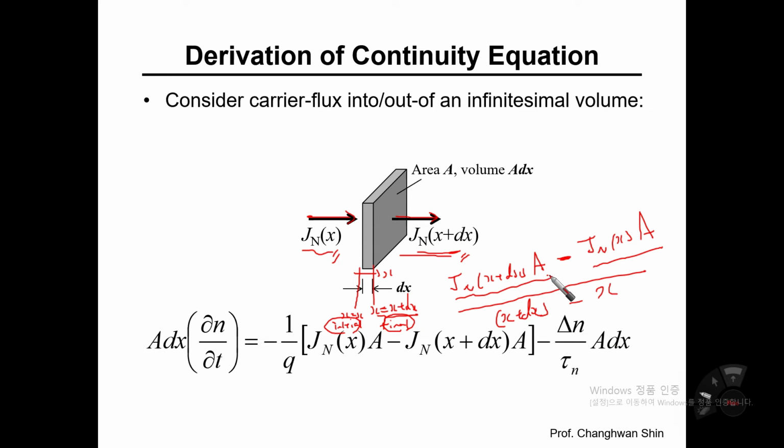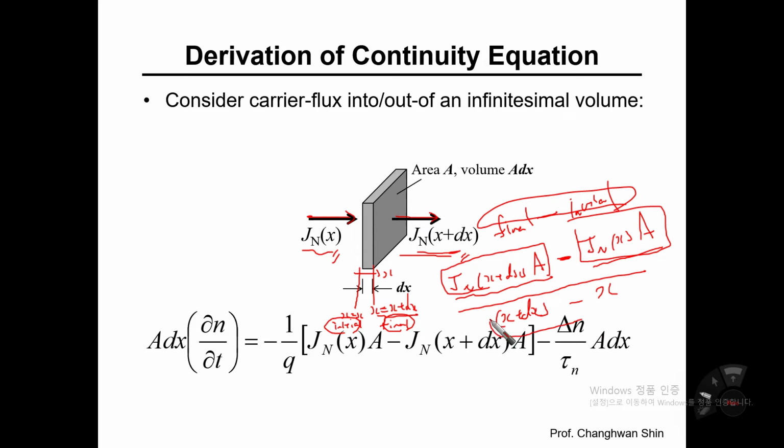This value indicates the current value at the final spot, and this the current value at the initial spot. So final current value minus initial current value gives the difference between two different current values.